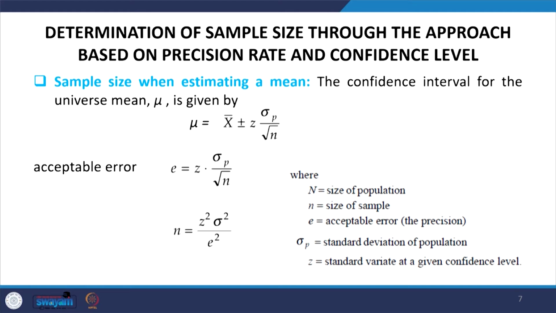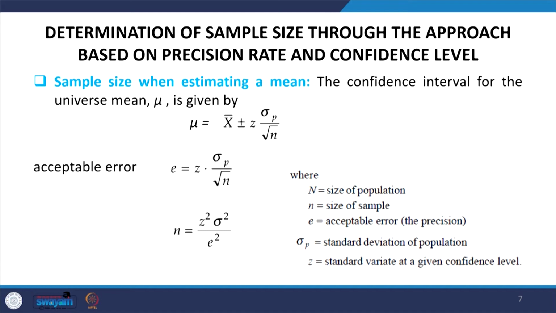The first aspect we are calculating is the sample size when we are estimating at a mean level. For sample size when estimating a mean, we require the confidence interval of the universe, that is mu. At the mean level, mu is defined as x bar plus z times standard deviation by square root of n, that is sample size.